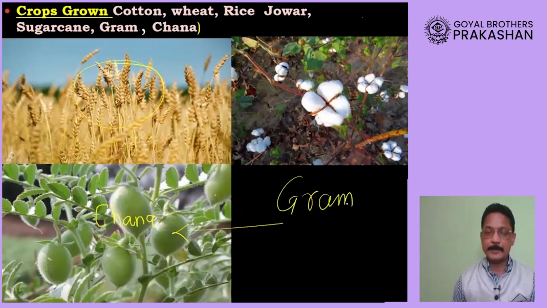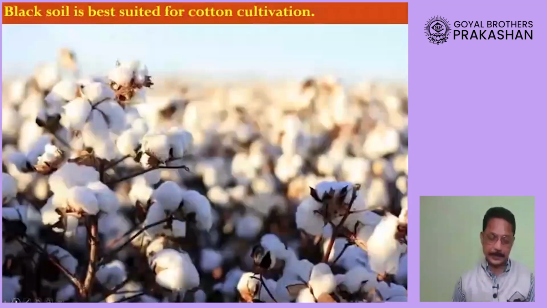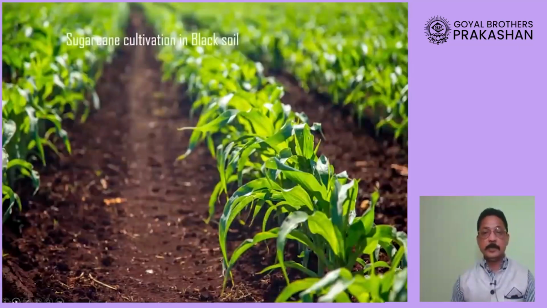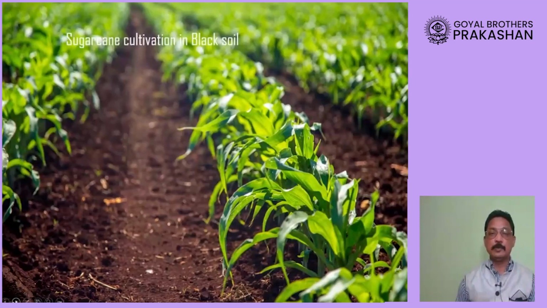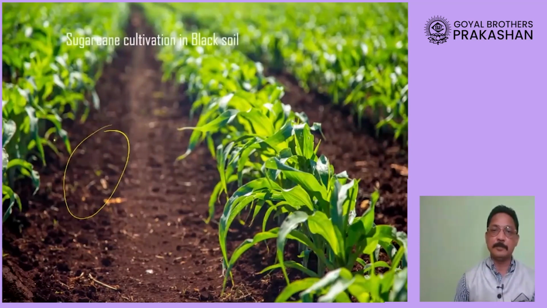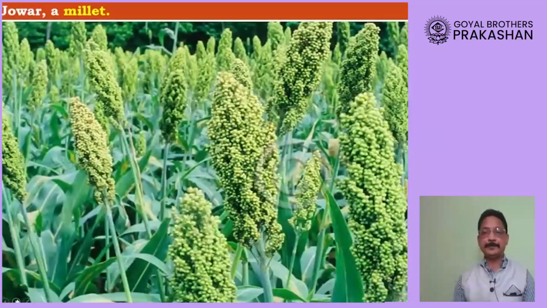Gram is also popularly called chana, a local name used in our country. So black soil supports growth of cotton very much. Then it also supports sugarcane cultivation. You can see here this blackish soil, this is black soil. It supports growth of sugarcane on a large scale.